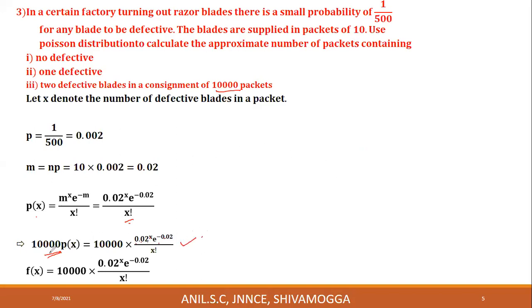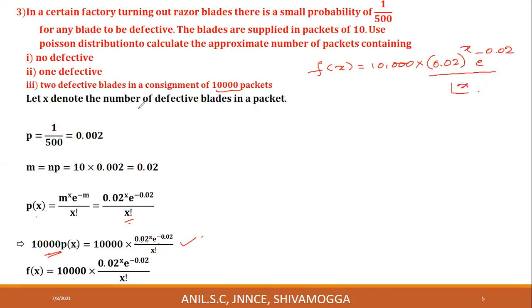Let's denote this 10,000 P of x by f of x. Therefore, f of x is equal to 10,000 into 0.02 whole power x into e power minus 0.02 whole divided by x factorial.